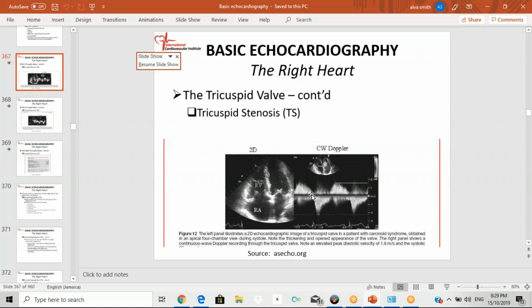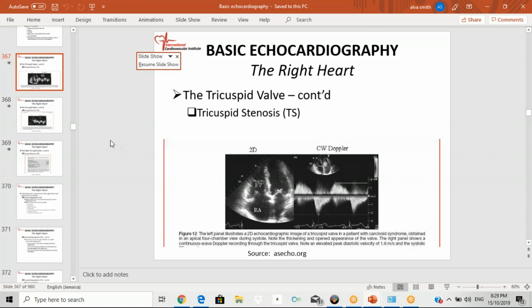Okay, so you'll get tricuspid regurgitation, which is a systolic flow, and then this is the diastolic flow across the tricuspid valve. You can do the gradient, and the gradient will reflect the degree of obstruction across a tricuspid valve.